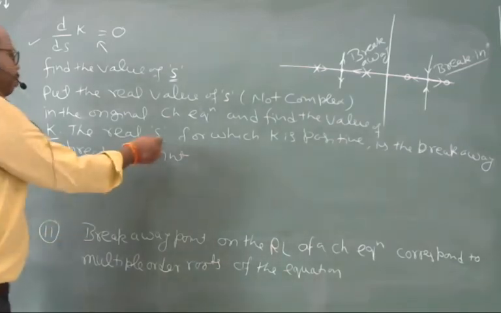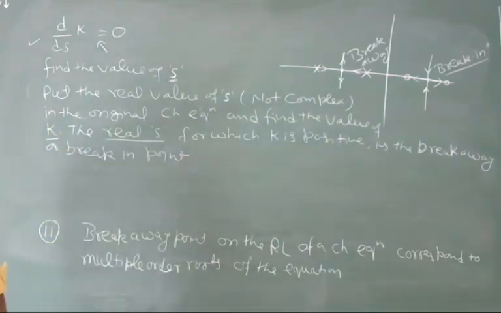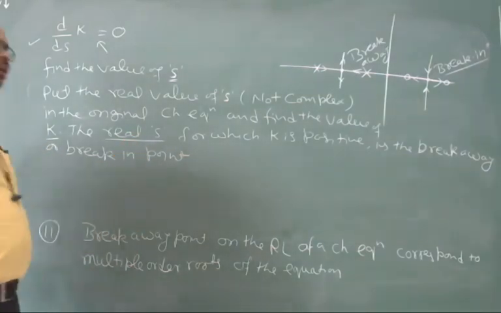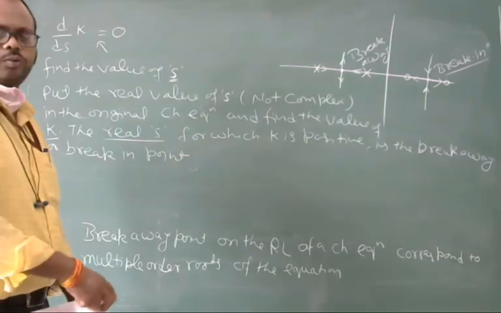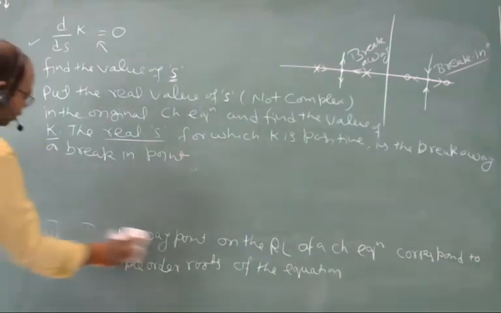The real s will be breakaway if it is in between two poles, and break-in if it is in between two zeros.